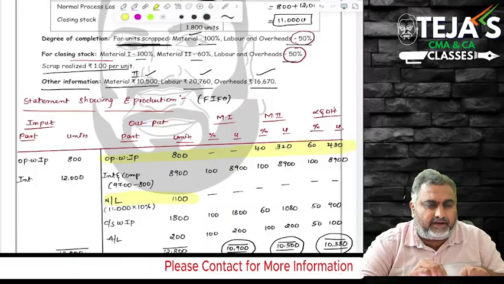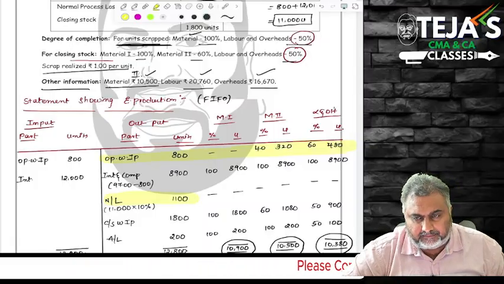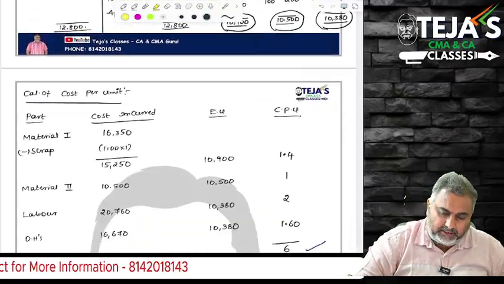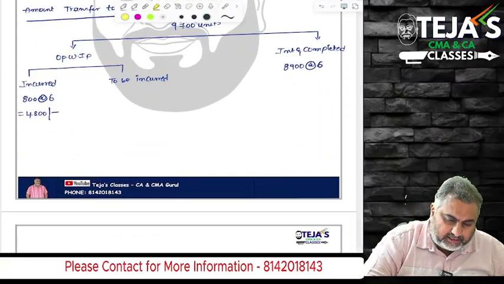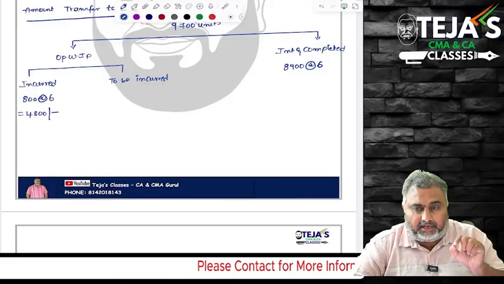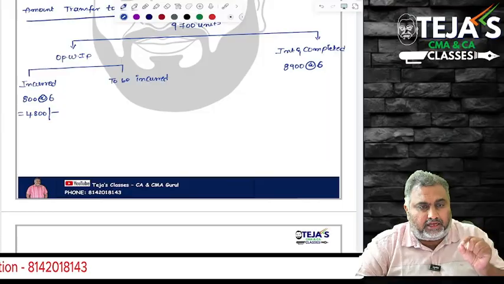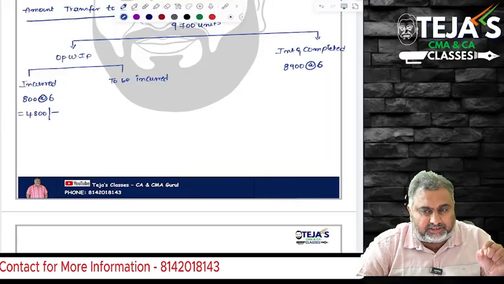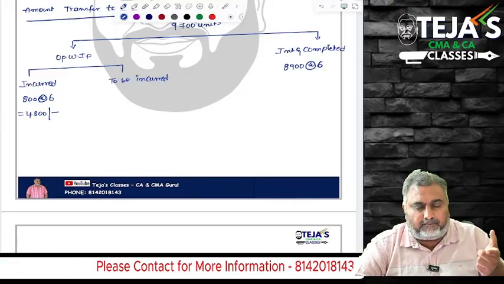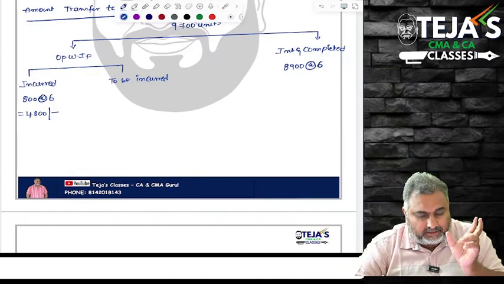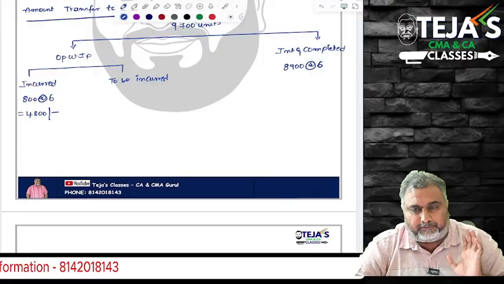Then only 800 units are completely finished. Sir, this 4,800 cost is what? Material 1 100%, material 2 60%, labor and overhead 40% finishing. That is the degree of completion of opening given in the question. For that percentage completion, we incurred 4,800 rupees.